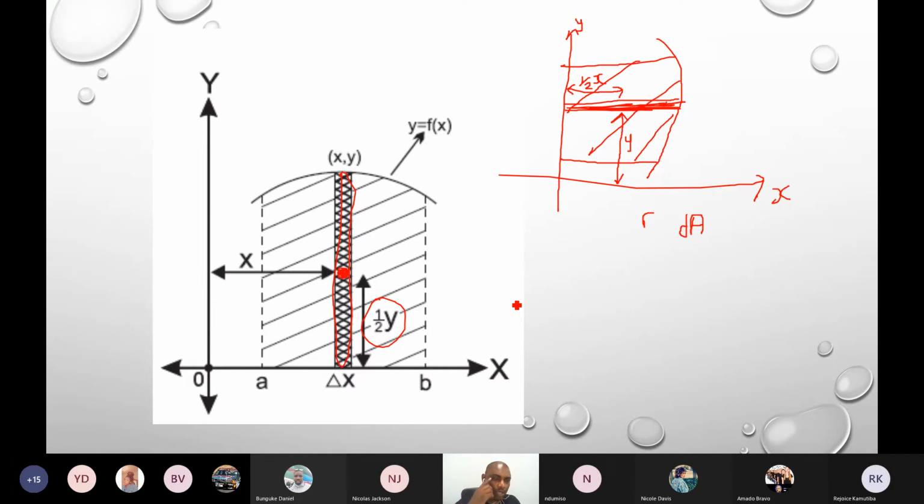Do you see it? So if you compare what I've drawn and what is there, you can see that if I change the limits, instead of having x, it's half x and this part is y. That's what I was meaning. All right, sir.